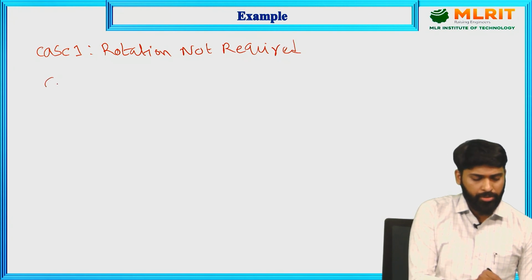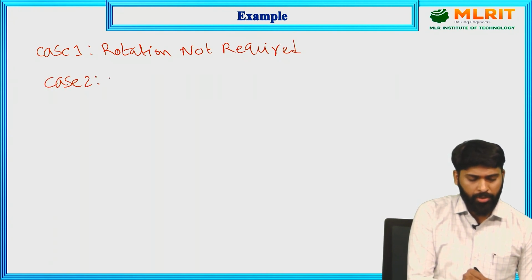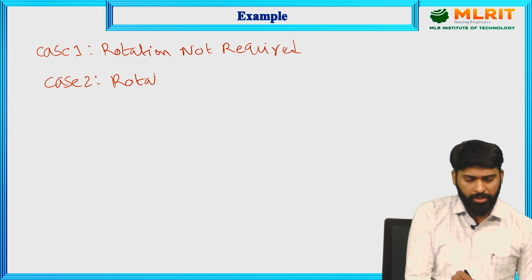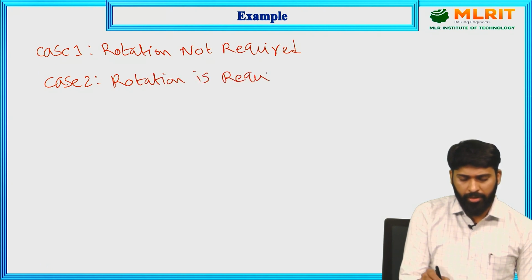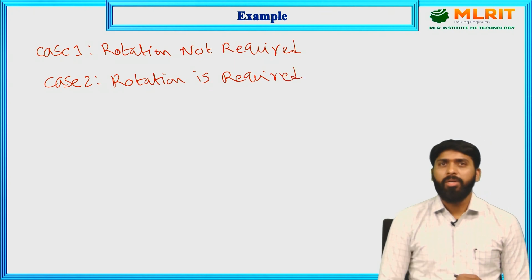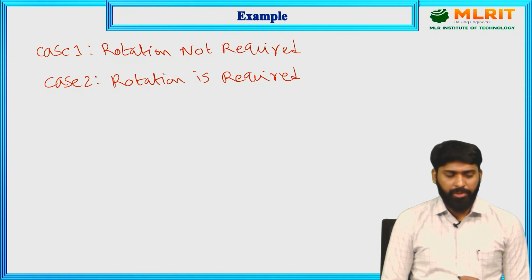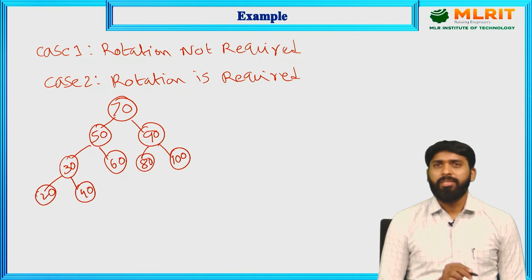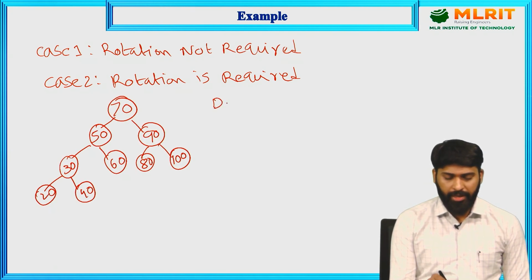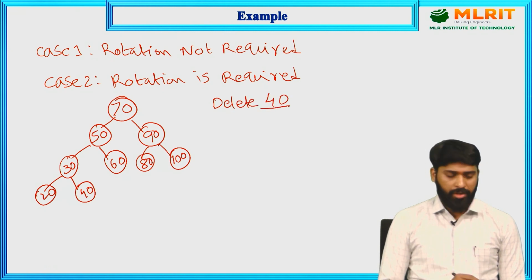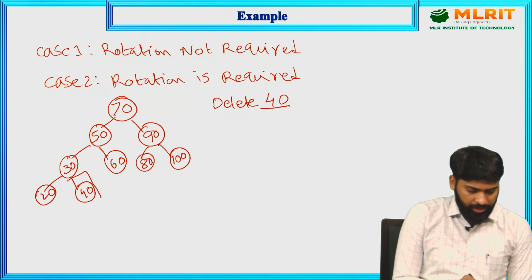Case 2: rotation is required. These are the two cases we have. Let us consider an example. Consider this tree and delete 40.